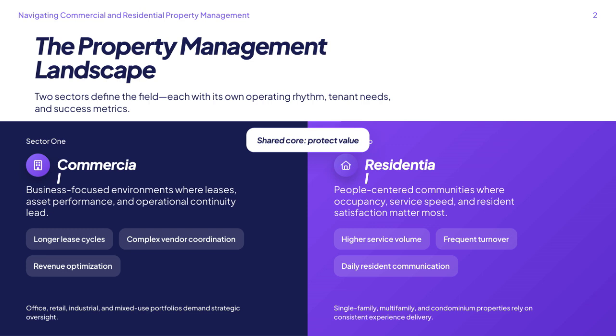Here, occupancy rates, service speed, and resident satisfaction are the key metrics for success. Though these two sectors operate quite differently, they share a core goal: protecting and enhancing property value. Navigating the differences between commercial and residential management requires understanding these unique rhythms and priorities, so we can deliver tailored strategies that meet the specific needs of each sector.